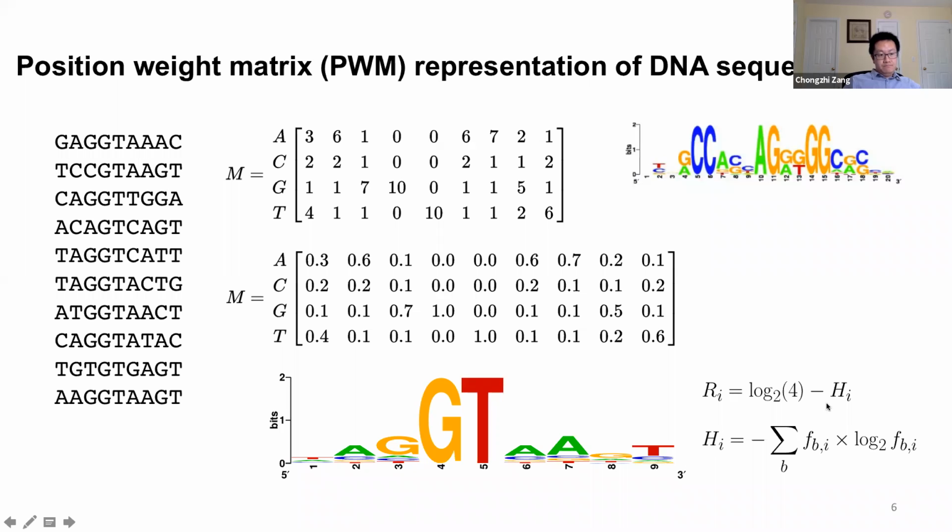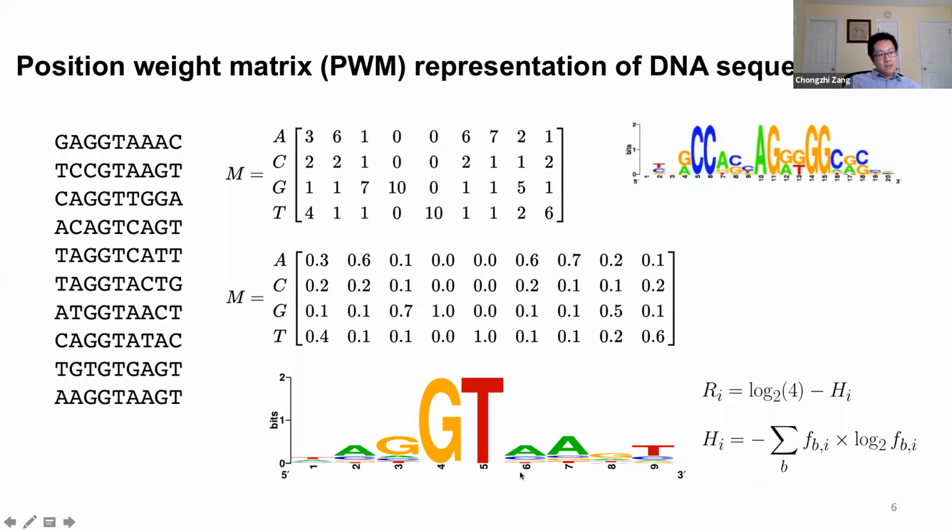And then the H here is the Shannon entropy, defined as the frequency of each base at each position, times the log of this frequency, as in the definition of Shannon entropy. It's also a way of calculating the information content.